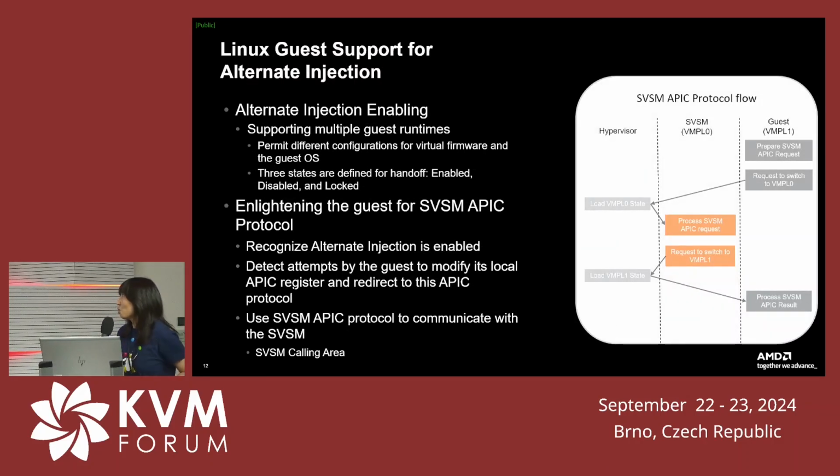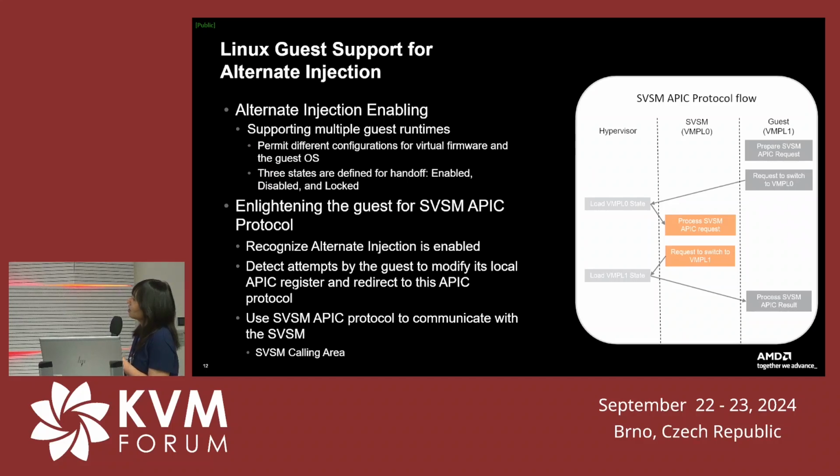So next is what we need to do for the Linux guest to support alternate injection. Let's take a look at the SVSM APIC protocol flow. When the guest needs an SVSM APIC request, it will prepare the SVSM APIC request.